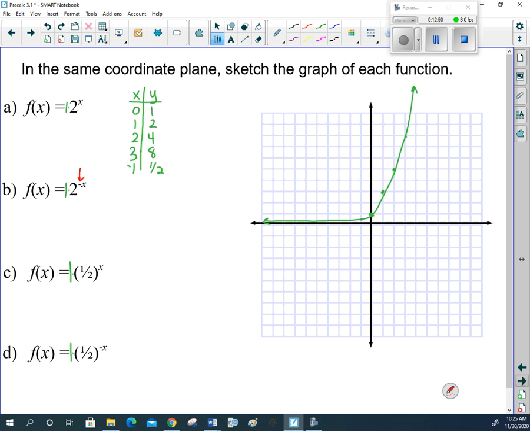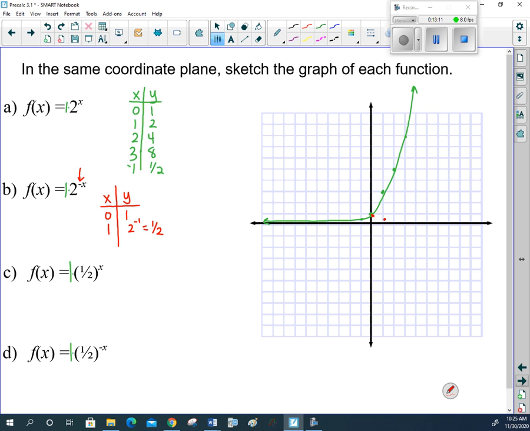If that's the only thing that changed, let's just make a quick table and see what happens. Put a 0 in for x, and yep, we're still crossing at 1. Let's put a 1 in. 2 to the negative 1 power is 1/2. Yep, I put a 1 in and I got a 1/2.